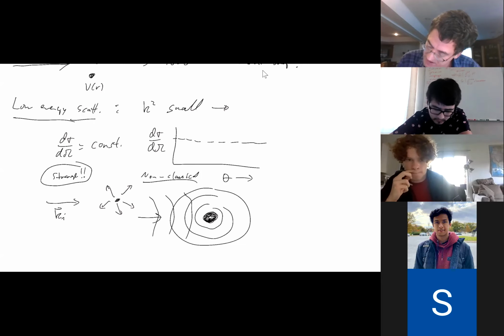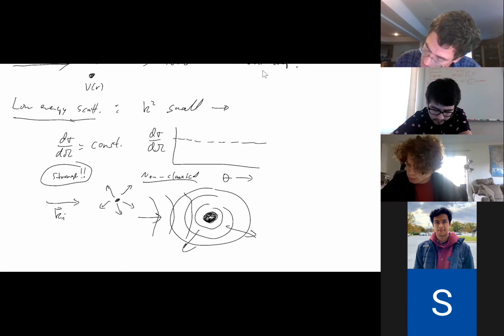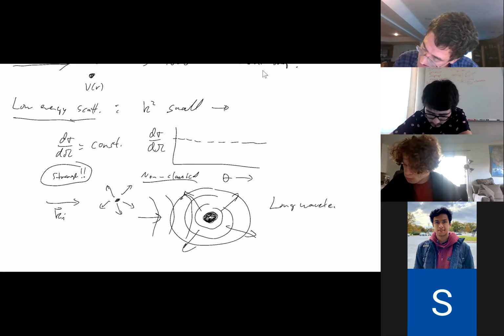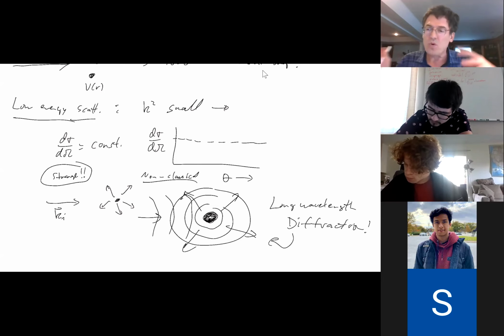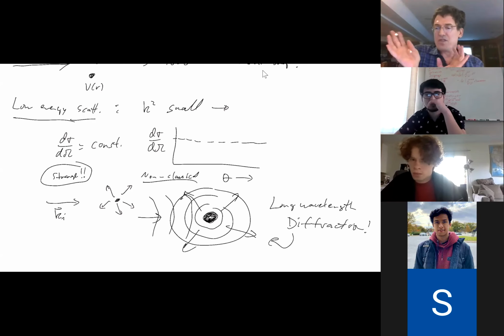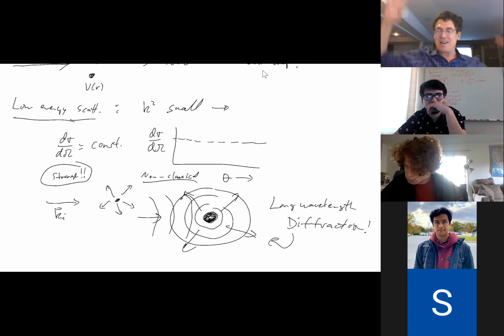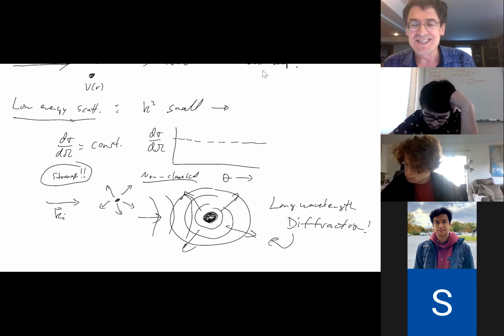So I have a wave going in, and then a wave going out. This is the long wavelength. It's really diffraction. You guys have thought about diffraction before, but that's what it is. The wave is wrapping itself around the scatterer and scattering out. This is diffraction.